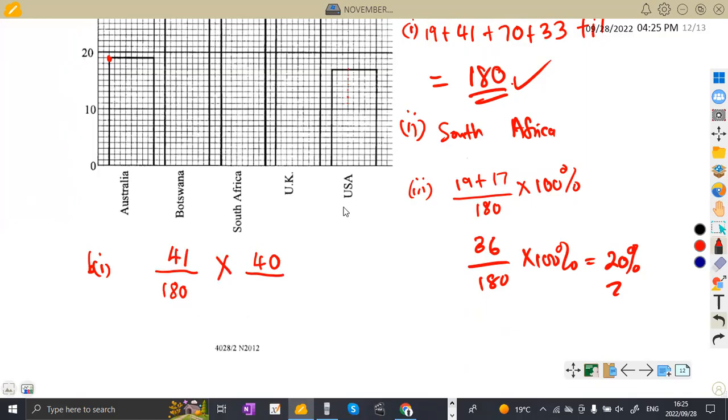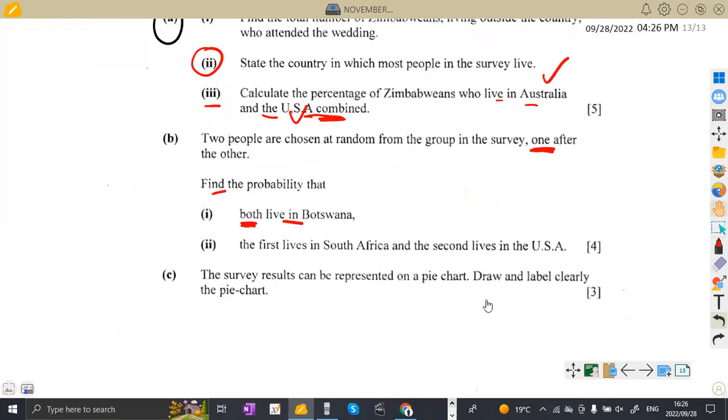So we are going to be left with 179. Using your calculator directly, you're going to obtain 82 over 1,611. Okay, so that will be those who are in Botswana. All right, so I think this one was direct. Let's see the other question.